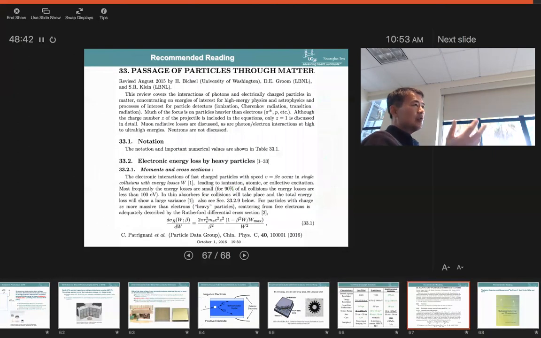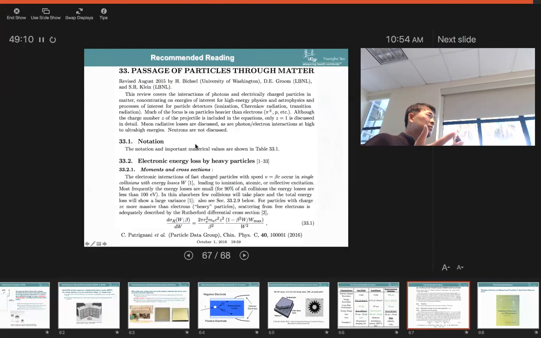So any questions so far? I have some recommended reading. If you want to learn about the current state of the art knowledge for the physics of interaction of particles with matter, the best material is the PDG, Particle Data Group, based at Berkeley. But it's not just Berkeley people. This is a group of international physicists compiling the current standard knowledge for the physics.